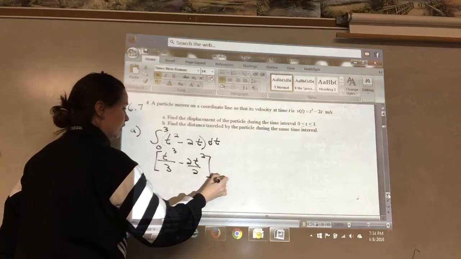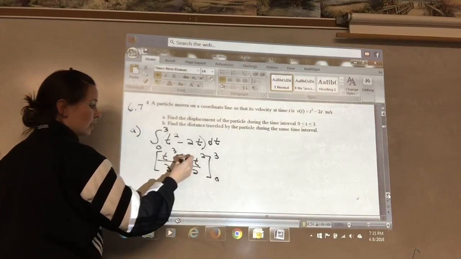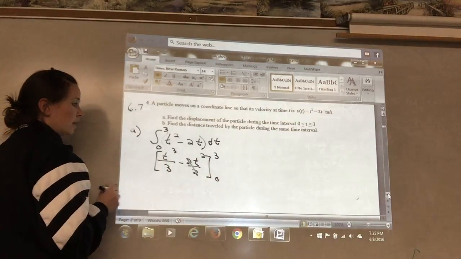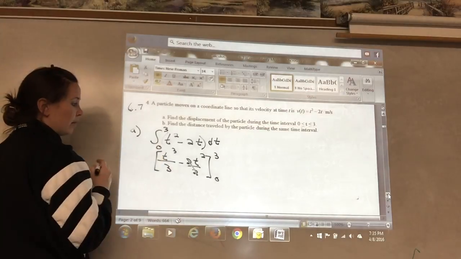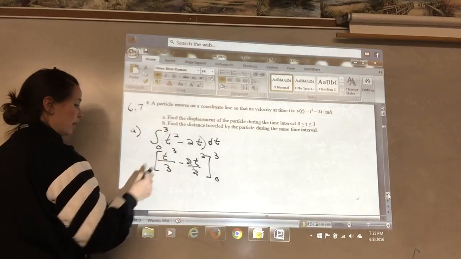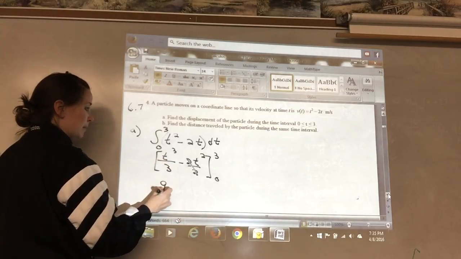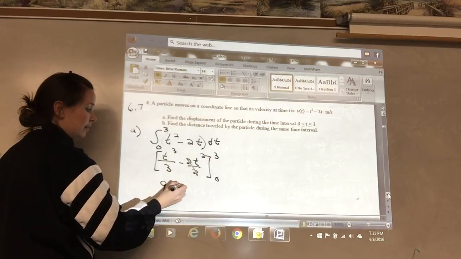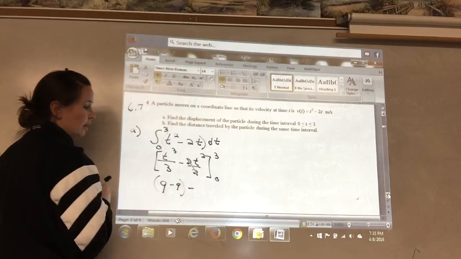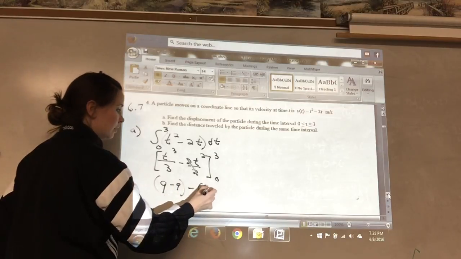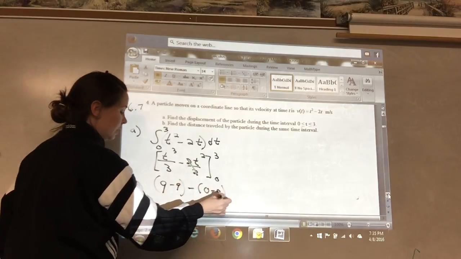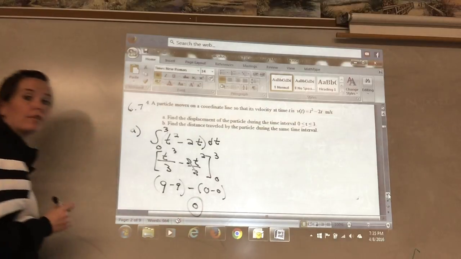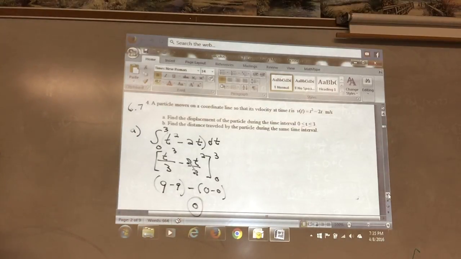And we're going to evaluate that from 0 to 3. Let's reduce that. So let's sub in our 3. 3 to the third power is 27. 27 divided by 3 is 9. Minus, 3 subbed in here, we're going to get 9. Now I'm going to sub in 0, and it looks like I get a big fat 0 for that one. So the displacement for this problem is 0.